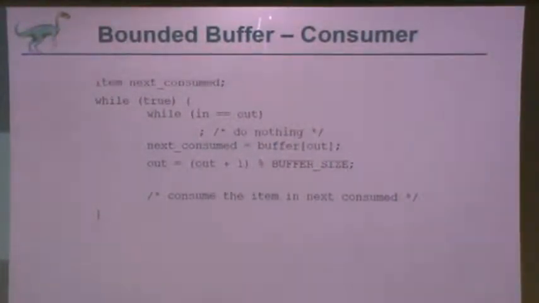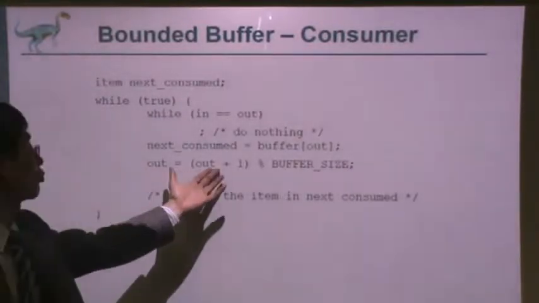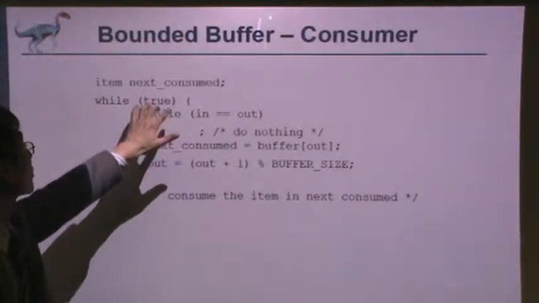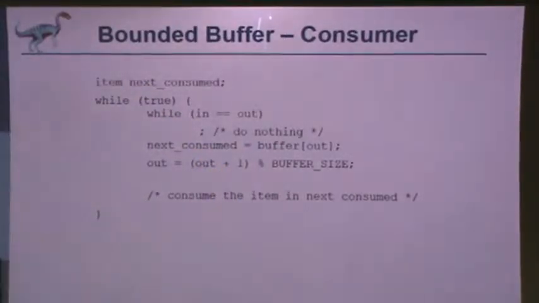And for the consumer, you can take out, so out will be increased, okay? Then you can consume the next item. So this is just the skeleton. In your interprocess communication implementation, you can follow the same architecture.